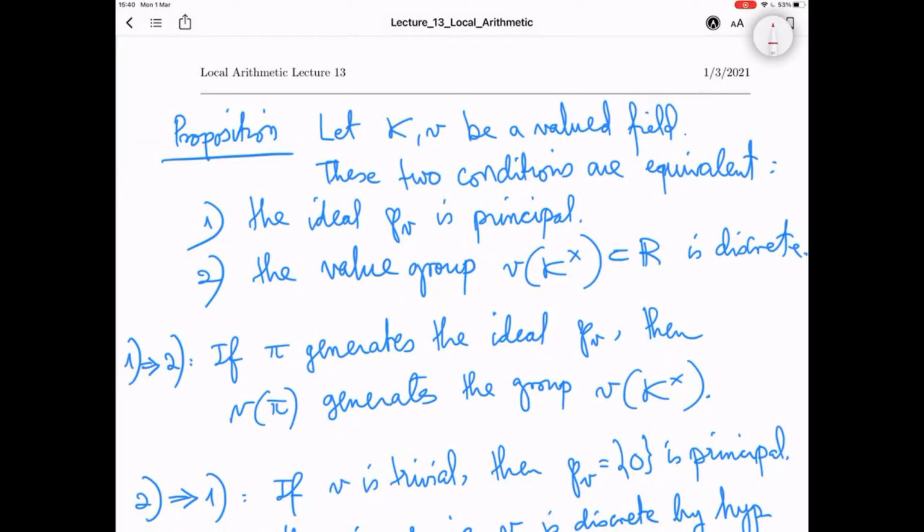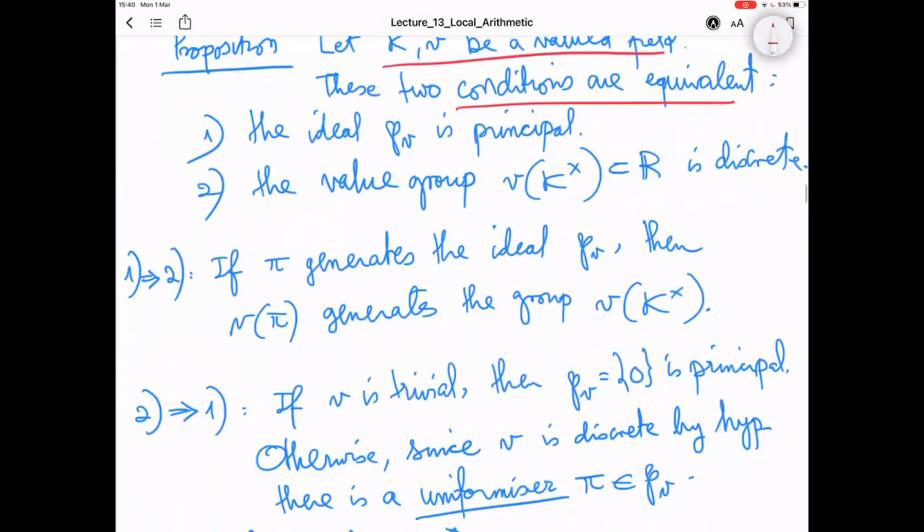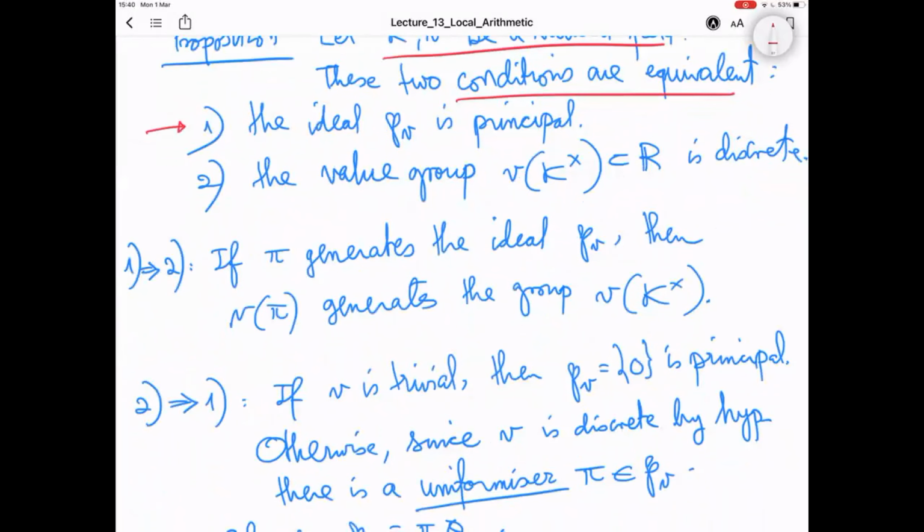Now, the proposition says that if I have a valued field (K, V), then these two conditions are equivalent. The first one is that the maximal ideal of the valuation ring, P_V, which we have defined, is a principal ideal. Principal, of course, means that it can be generated by a single element.